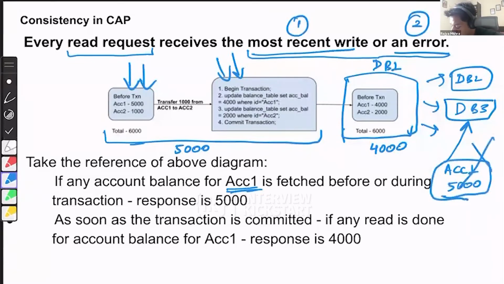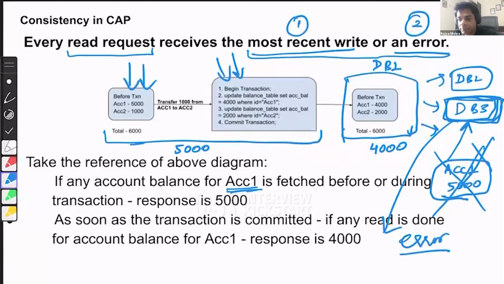Then this system is not consistent. So ideally, if this server does not have fresh data, then I should get an error here. And if the request goes to the updated servers, then I should get the updated balance.